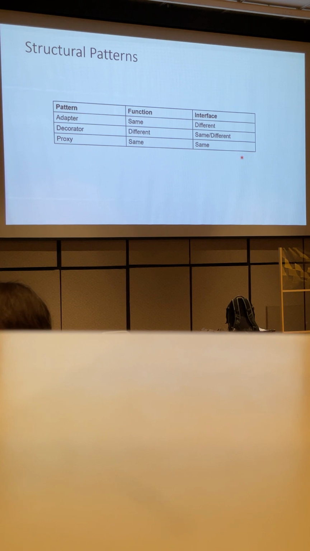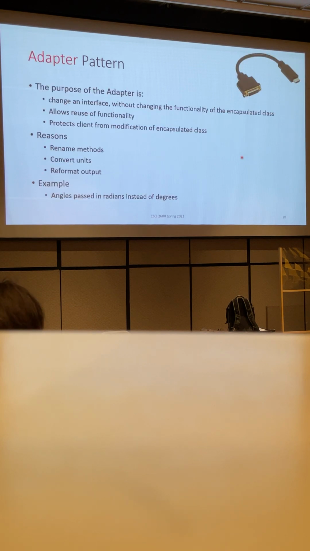So proxy is like a wrapper, right? Not just a transparent wrapper, but a wrapper with access control. So that would be an example of a wrapper. All right, so adapter pattern, really not too much to talk about, because we have seen that graph wrapper is essentially an adapter. So change the interface without changing the functionality.